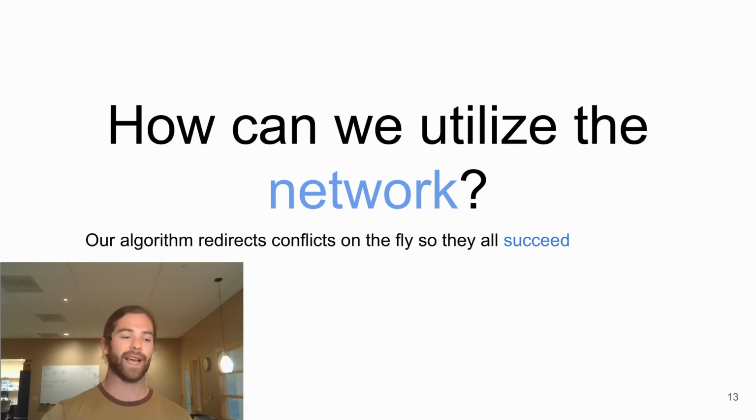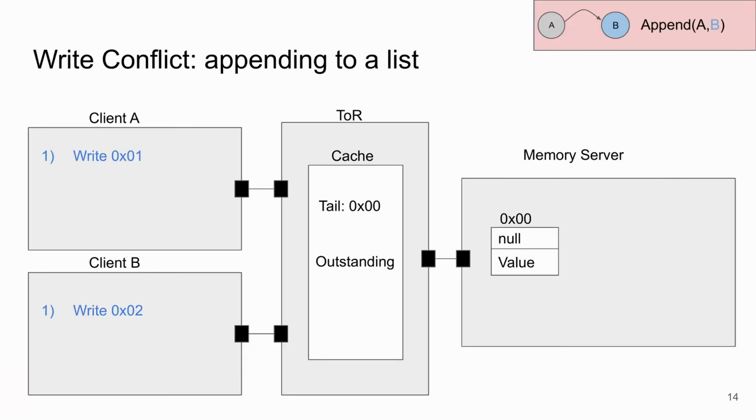Looking at the same example again, but this time we've got an algorithm that we've written which caches some metadata about this list on the TOR. Specifically, we're just going to keep the tail cached and the locations of writes that haven't been committed. So the tail is 0x00, and outstanding is nothing because we haven't written anything yet.